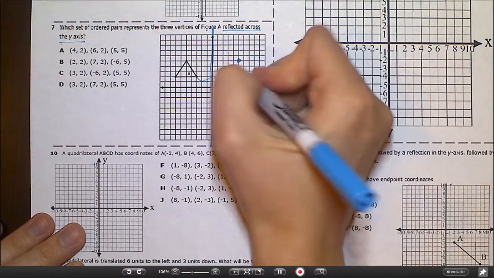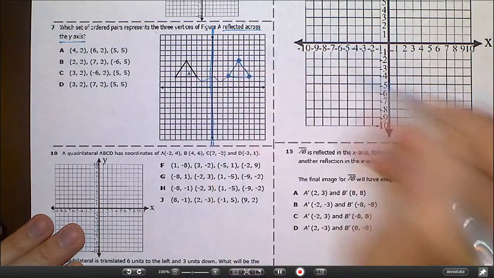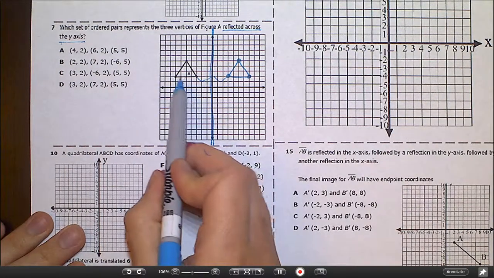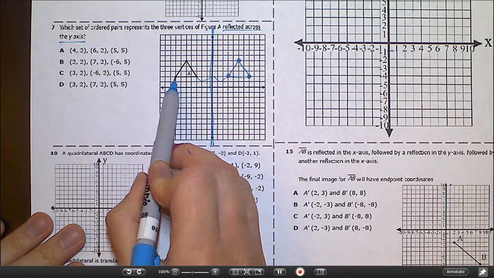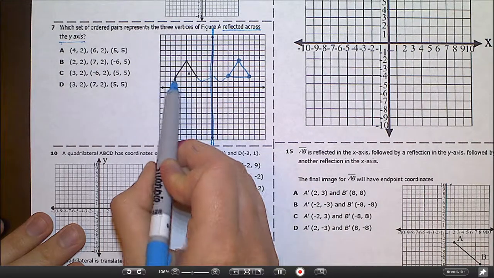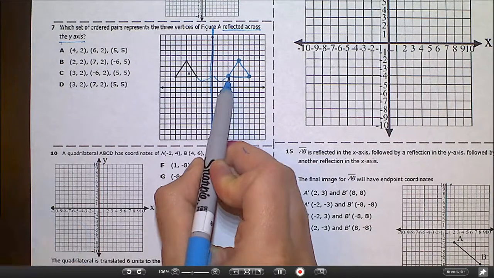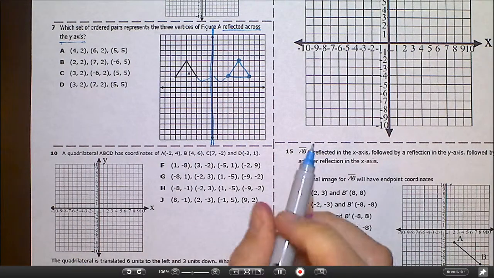And we should have the exact same triangle flipped over. Now notice I did not just scoot it, okay? This vertex has now become this vertex. So the one that's farthest away is still farthest away. The one that's closest is still closest. So just notice that so we don't confuse it with a translation.